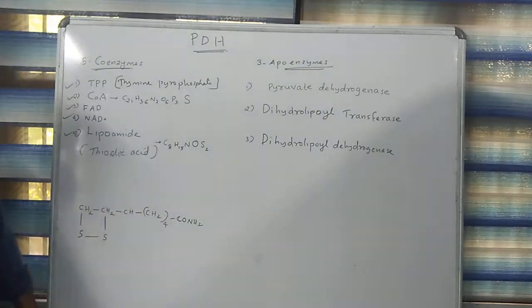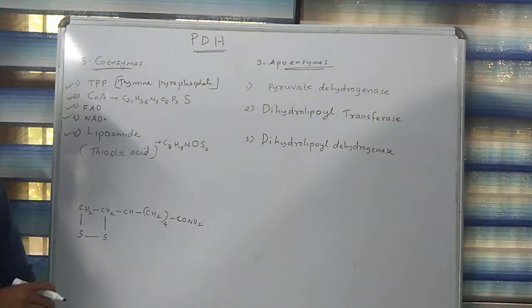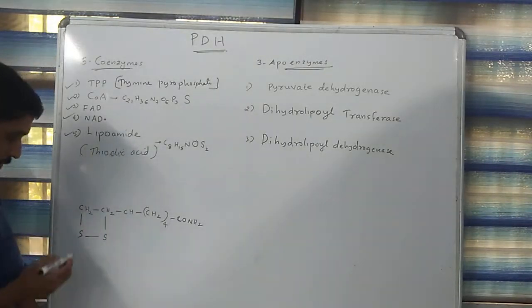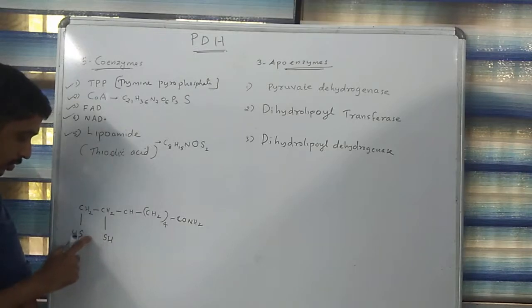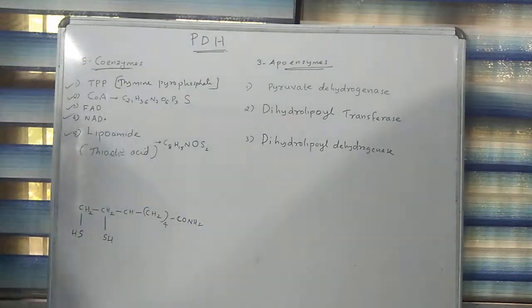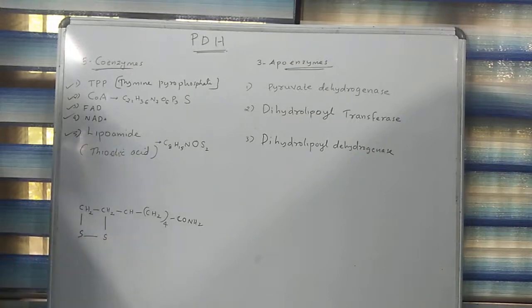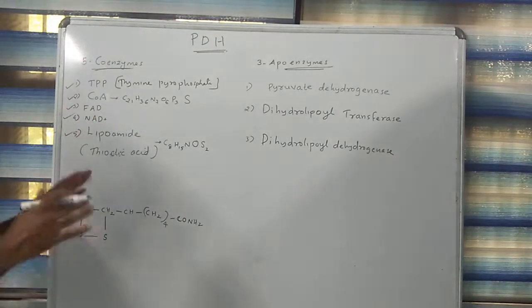Actually, this lipamide is existing in oxidized form. Suppose if it exists in a reduced form, then 1 hydrogen atom will come here and 1 hydrogen atom will come here. So now this is the reduced form of lipamide. If you remove these 2 hydrogens and give a single covalent bond here, it becomes the oxidized form of lipamide. So this is about the 5 coenzymes of pyruvate dehydrogenase complex.